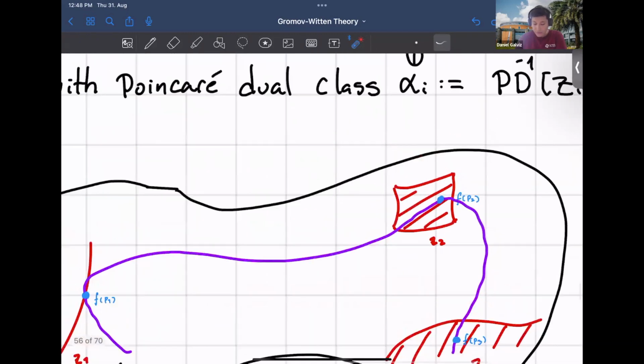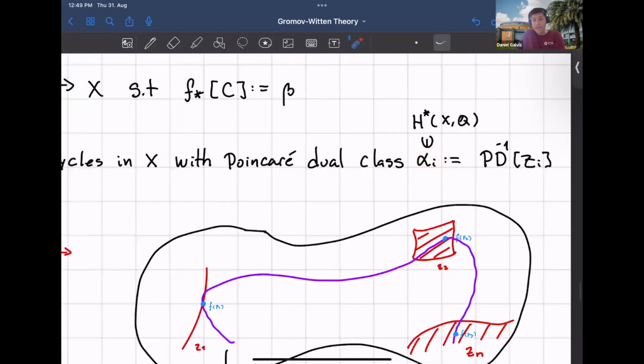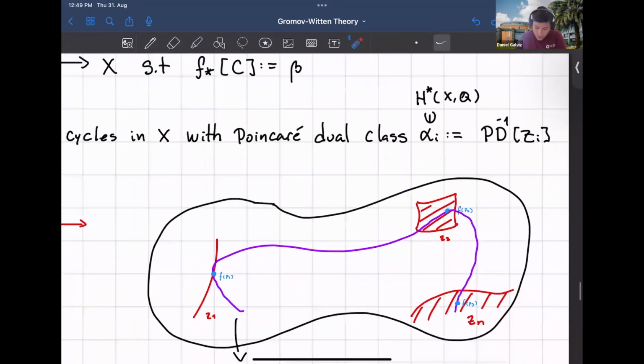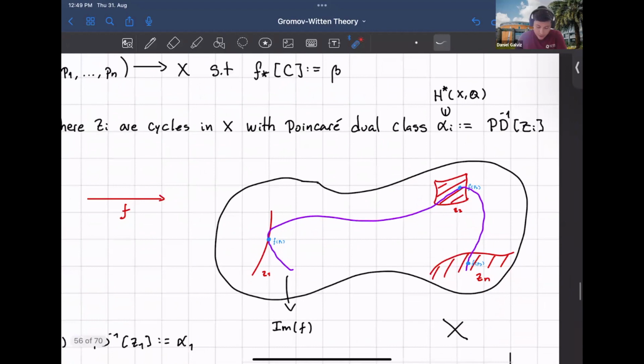Then we will have to specify what all of these cycles are. Whether they have the same degree, whether all the cycles are lines, or all are surfaces or hypersurfaces, or you have a combination: a line, a point, a surface, and how they intersect with each other. So basically, we are counting the intersection of these. This is roughly speaking what is happening.